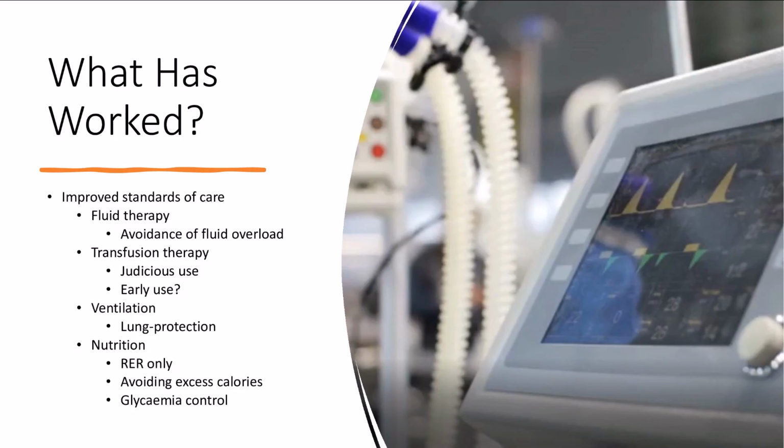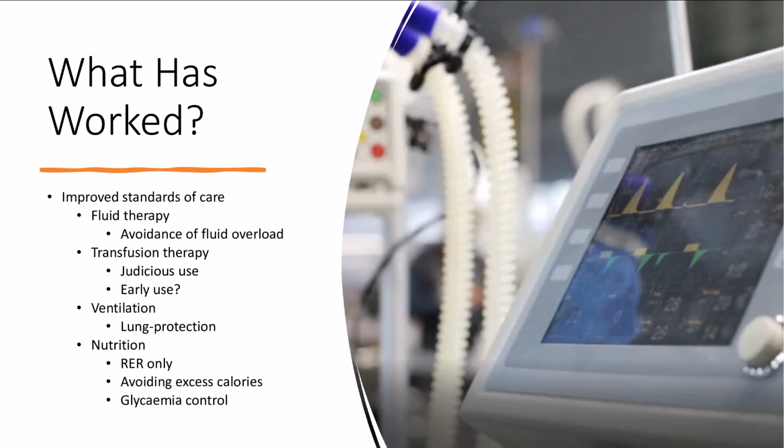If you need to ventilate a patient with sepsis, then using lung protective methods of ventilation therapy is worthwhile. And nutritional support aimed at really only replacing our resting energy requirements, avoiding excess calories, and also really tight glycemic control.